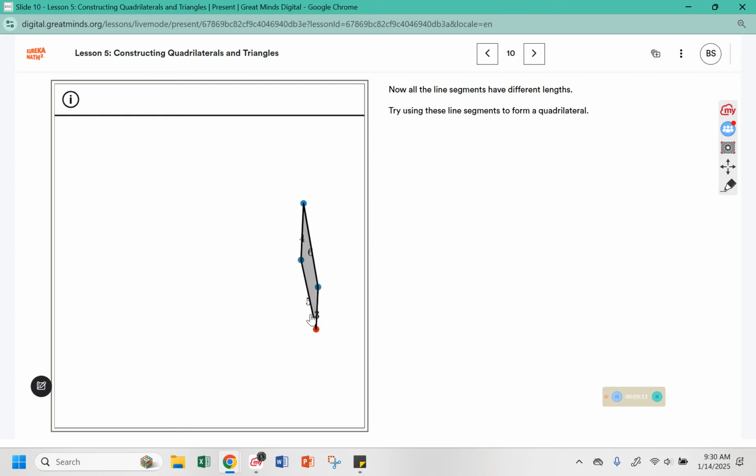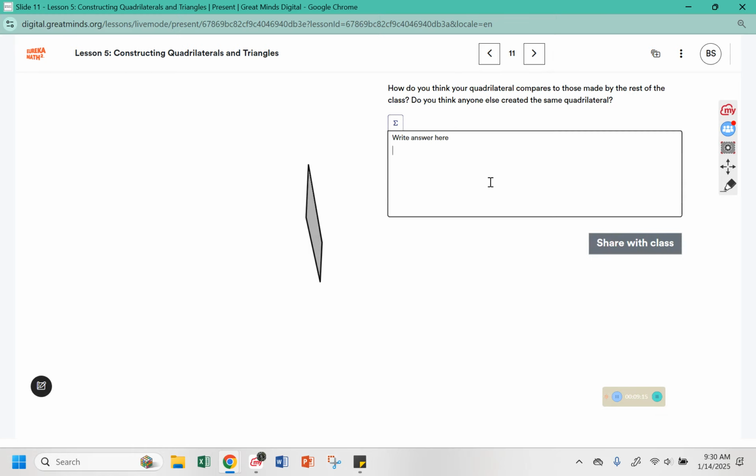So there's a really narrow quadrilateral. So since I was able to create two different quadrilaterals, I'm going to guess that my classmates did not create the same quadrilateral that I did.